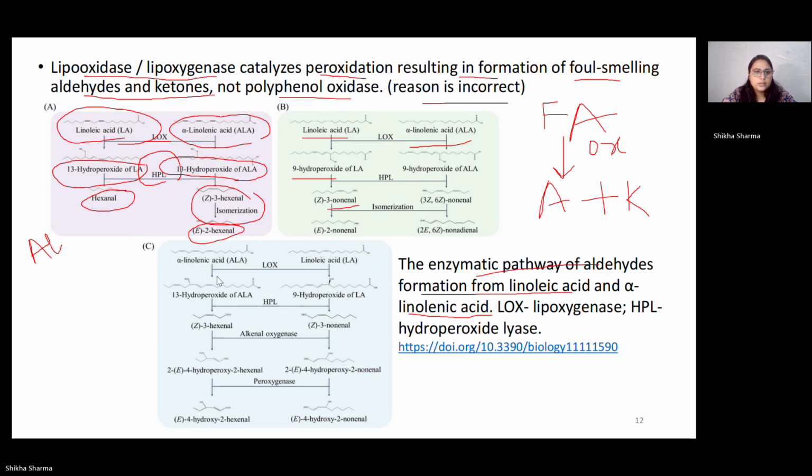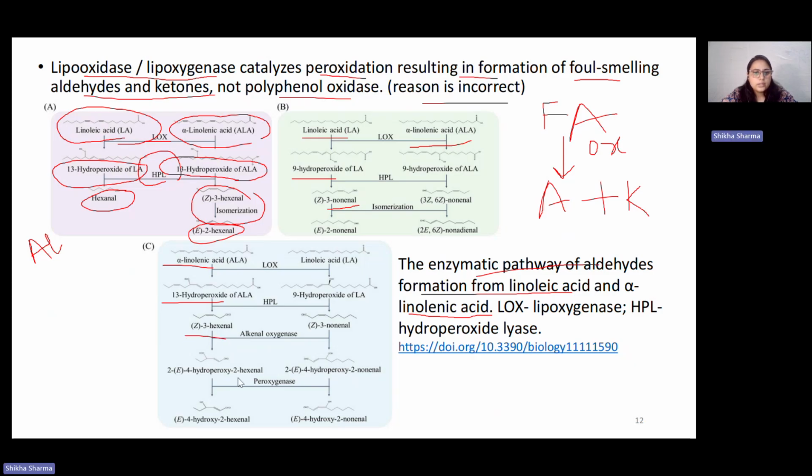Like this, alpha linolenic acid, when it acts with lipoxygenase, is converted into 13-hydroperoxide, and after the action of hydroperoxide lyase, it is converted into hexanal.